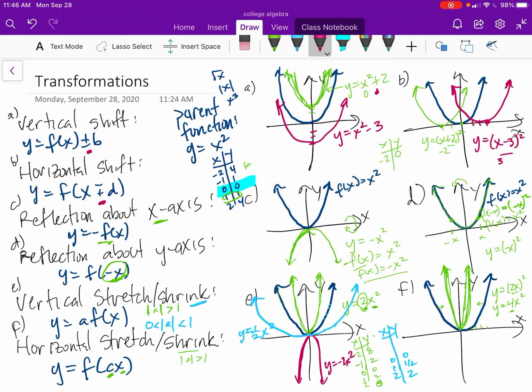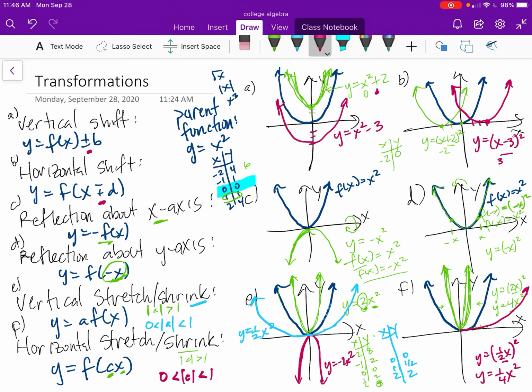So let's look at the stretch. Well, just like the vertical, if the c is between 0 and 1, so like y equals 1/2 x squared, notice it's in the function. It's in the squared, it's in the parent function. So this comes out to be 1/4 x squared if we were to expand it, which is a vertical shrink.